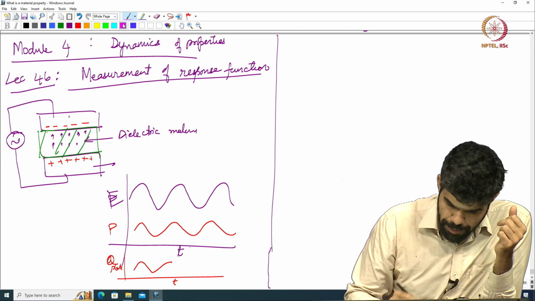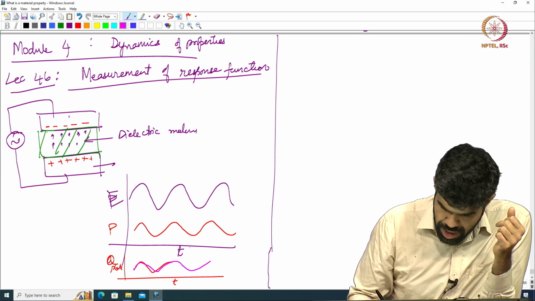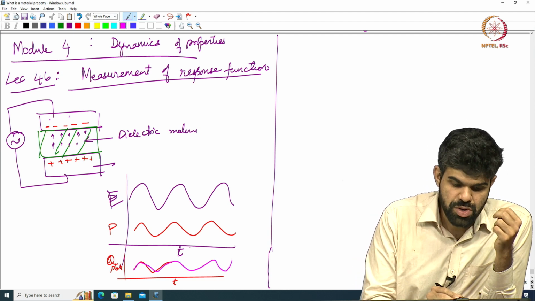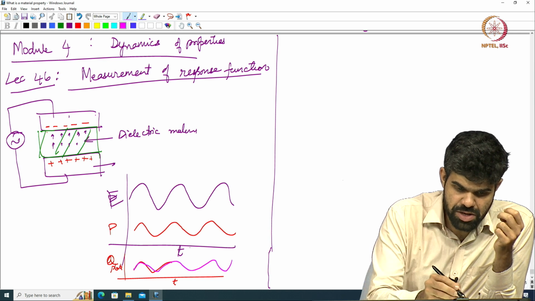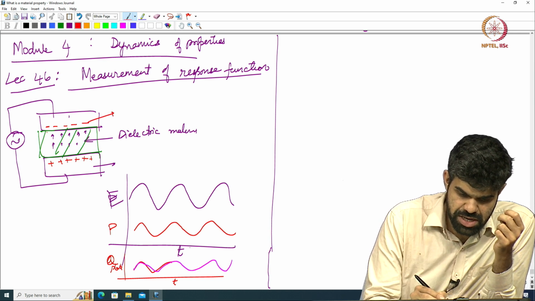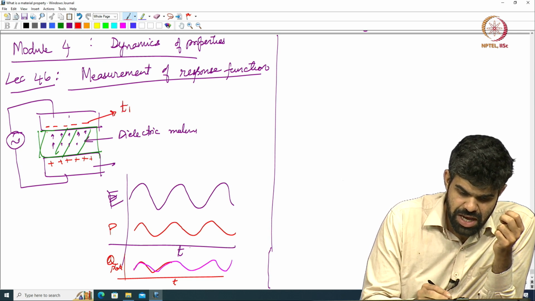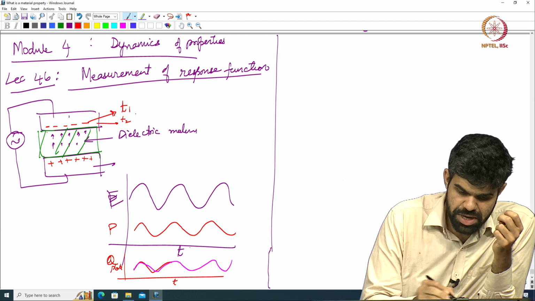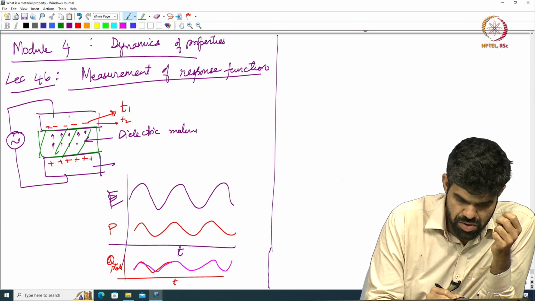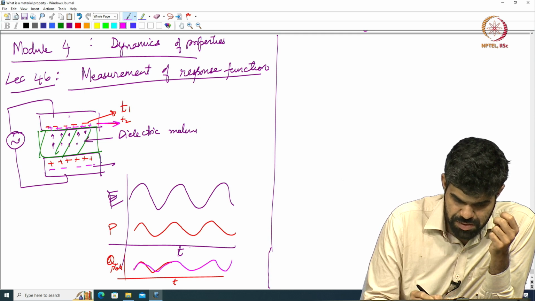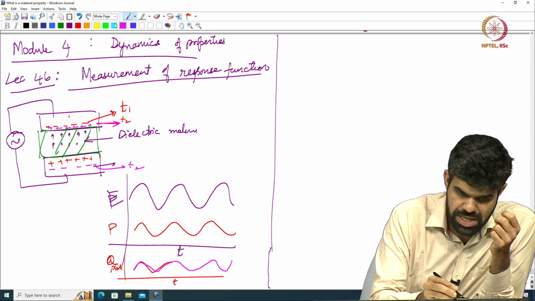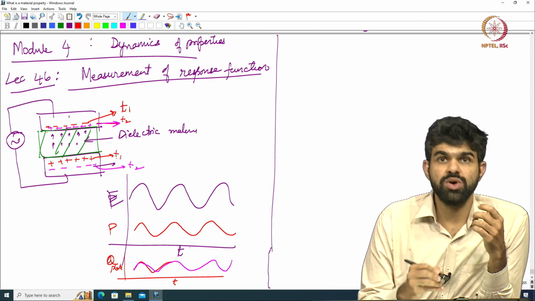So whatever is negative at time t1, at time t2 they all become positive, right. As time evolves it becomes positive here, and here it becomes negative. This is at time t2, this is at time t1, right, and so on and so forth.